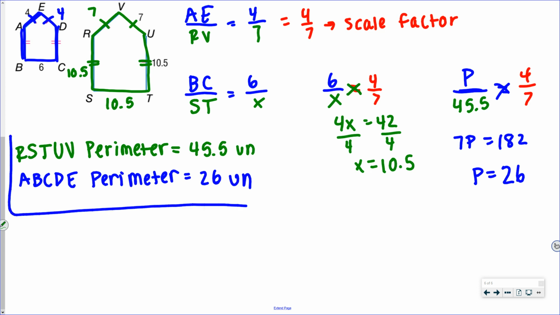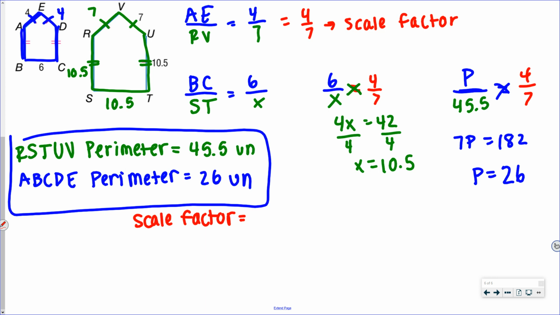So we had to do that, and we had to identify our scale factor. I kind of already did that up there: 4/7. All she wrote. Thanks for coming.